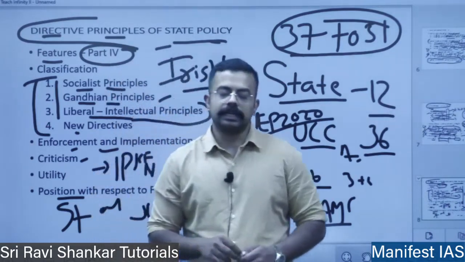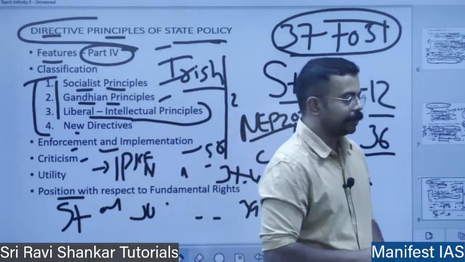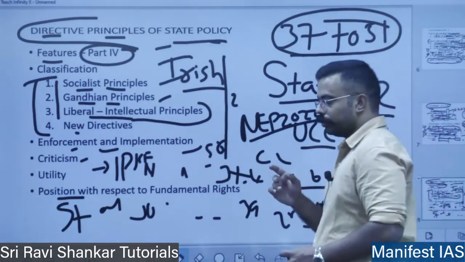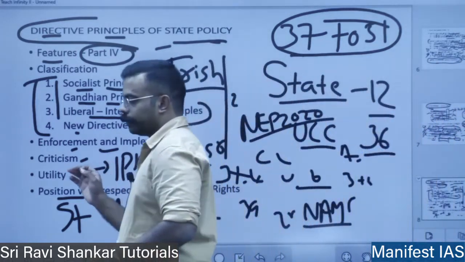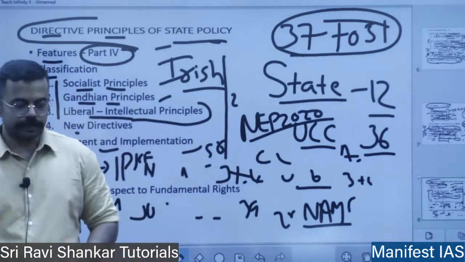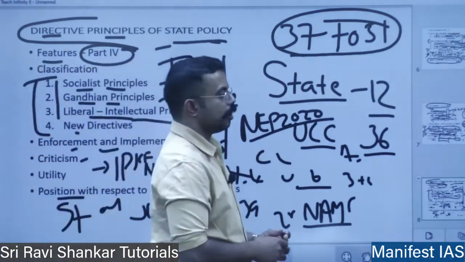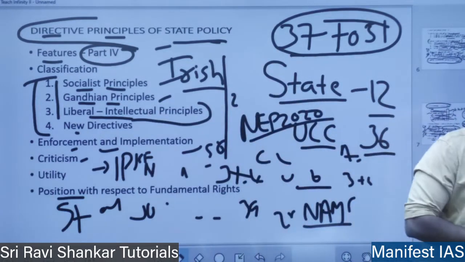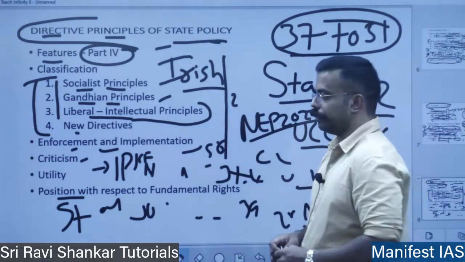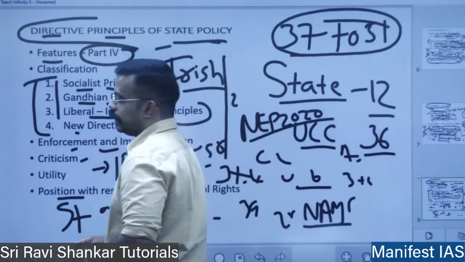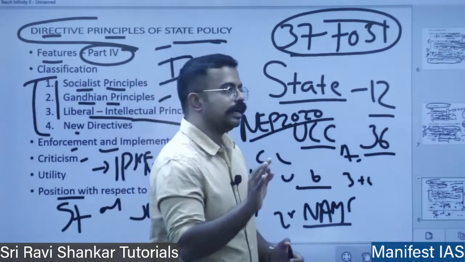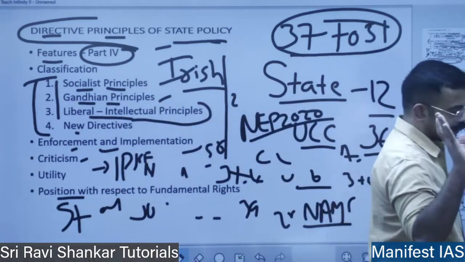So ultimately in the Minerva Mills case, what the court said: what the government used to do to give effect to these directive principles, fundamental rights were always tweaked by constitutional amendment. So the court took a lenient view in the Kesavananda Bharati case and said, okay, to give effect to certain directive principles, you can tweak the fundamental rights.